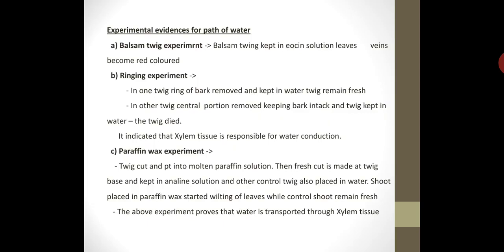So what it indicates is that due to the blockage of xylem tissue by paraffin, the water was not conducted, and it was responsible for wilting of the twig. Thus, these experiments prove that water is transported through the xylem tissue, not through the phloem.